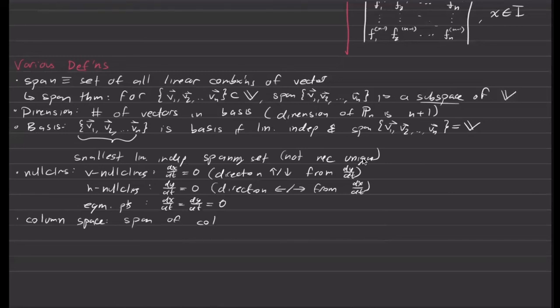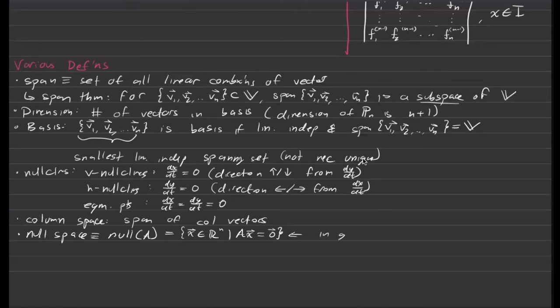Your null space, sometimes denoted as null of A, is the set of all x in our n-dimensional real space such that the solution x satisfies the equation Ax equals 0.